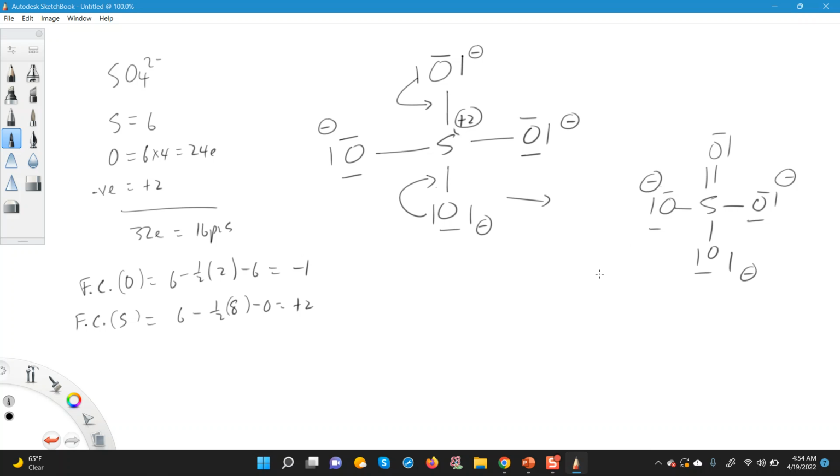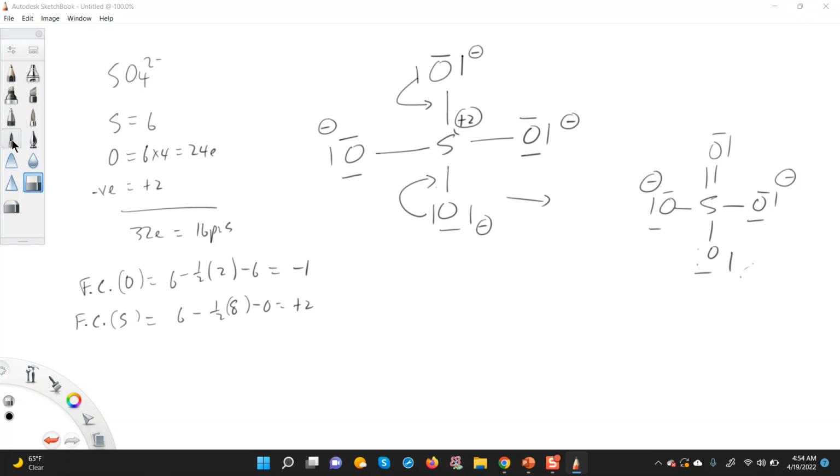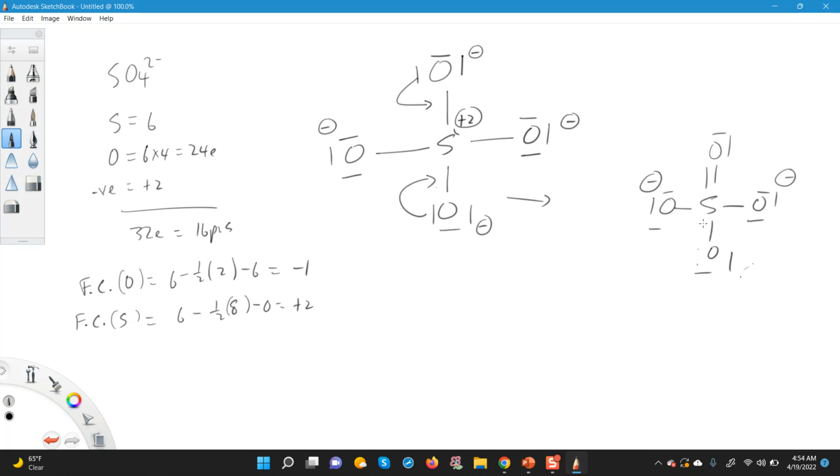Oh, I'm sorry, another mistake I made. That negative side will go. This pair of electrons will become a shared pair of electrons, so you're going to have a double bond here. All right? And this will be the final Lewis structure for the sulfate ion.